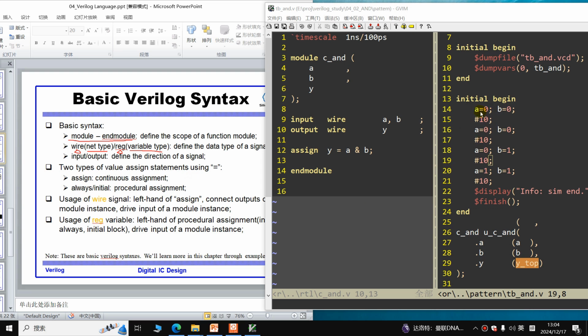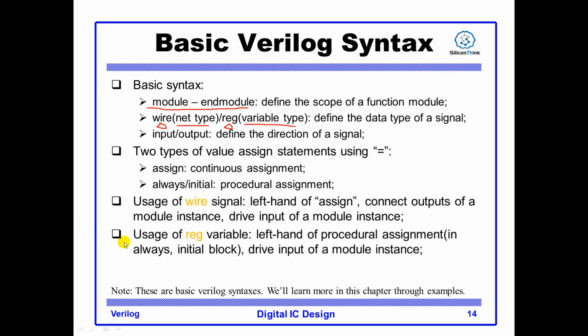For procedural assignment, there is no keyword before it. Okay, this is the basic syntax you need to remember. But don't be worried. If you misuse something, you just get a syntax error at compile. So you just fix it and recompile again.